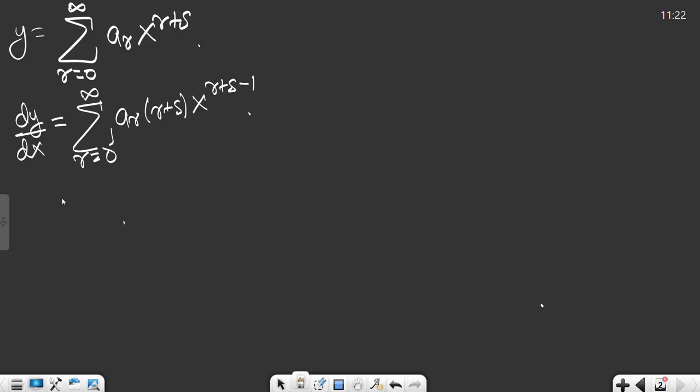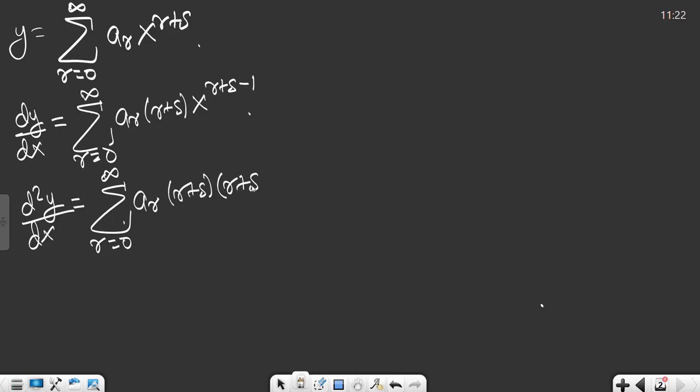For the second derivative, that gives us the infinite sum as r goes from 0 to infinity of a sub r, (r plus s), (r plus s minus 1), x to the r plus s minus 2.